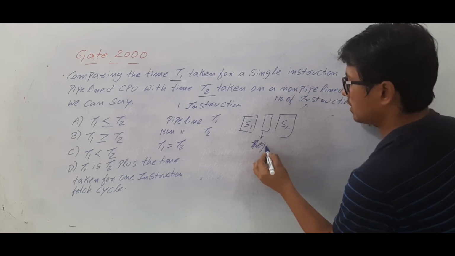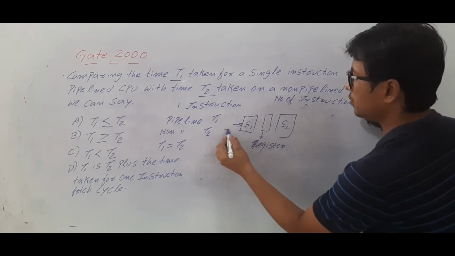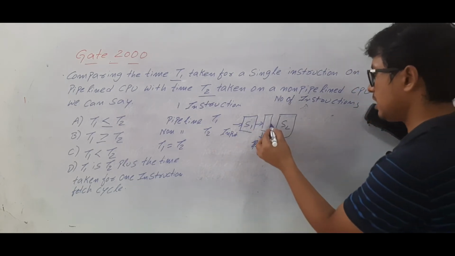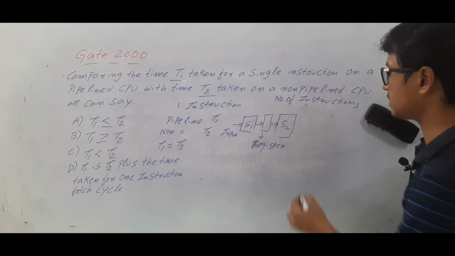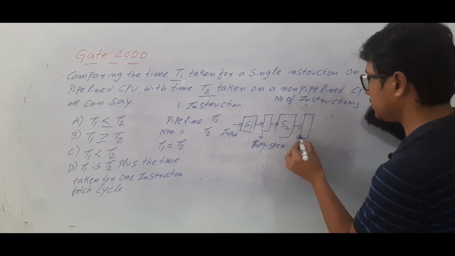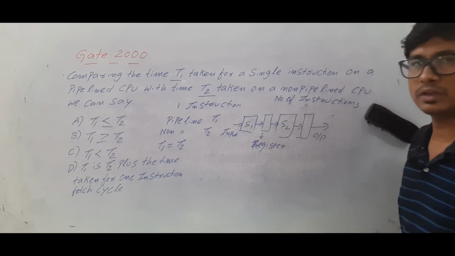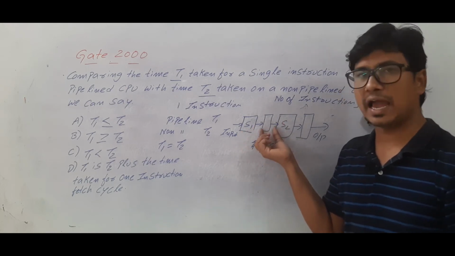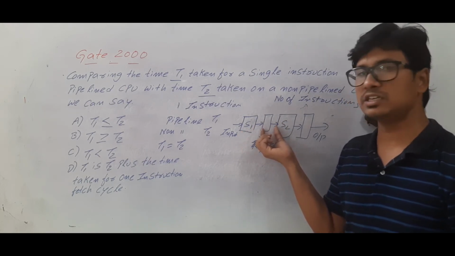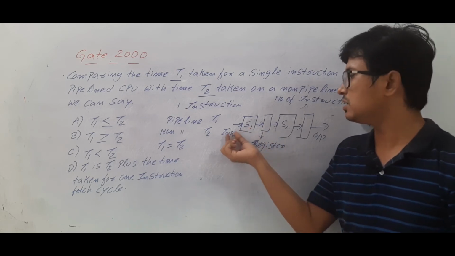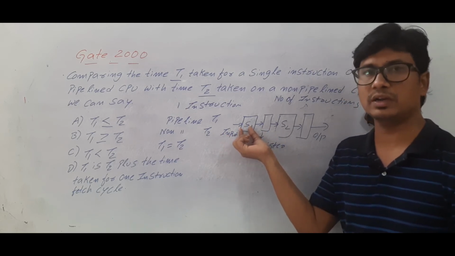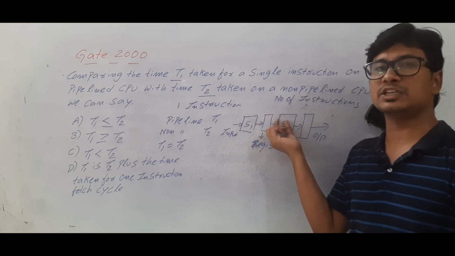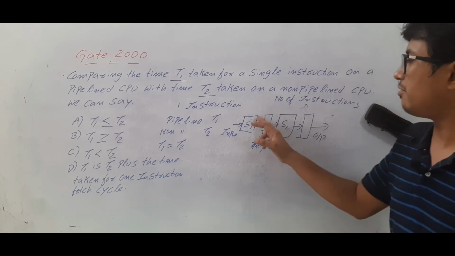You will have an input here, and the output of S1 will be given to a register and it will act as an input to stage S2, and you will have one more register, then you will get an output.